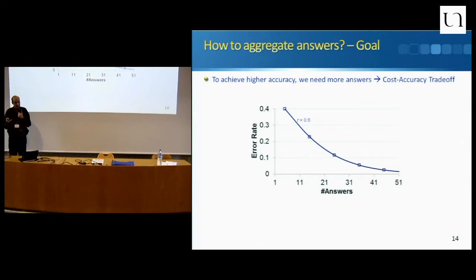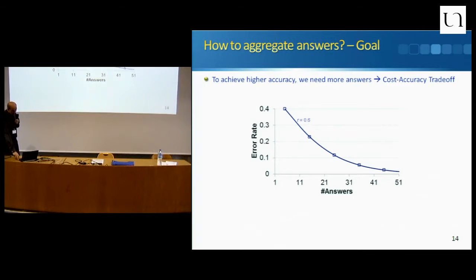So now we are facing again the situation where you want to minimize your cost, because if you ask more questions, we improve the quality, but at the same time it costs us more. The cost is very physical, so we need to pay the workers of the platform.